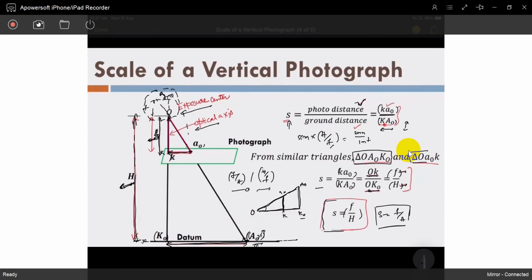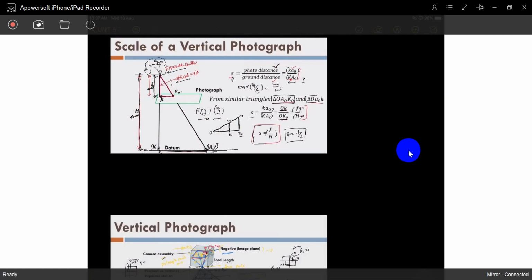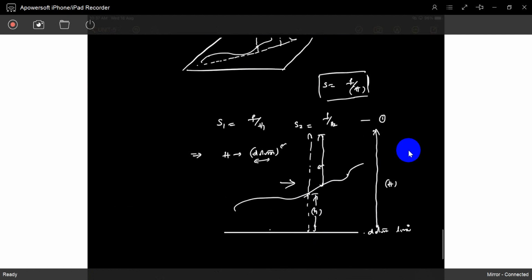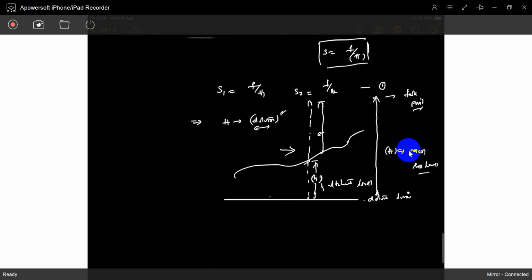But in some textbooks, or in ideal calculations assuming uniformity, we take h as the mean sea level height from the focal point, the altitude level. If you take it like this, the scale is just f by H minus h.